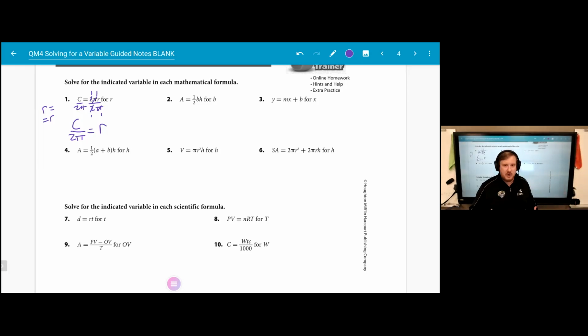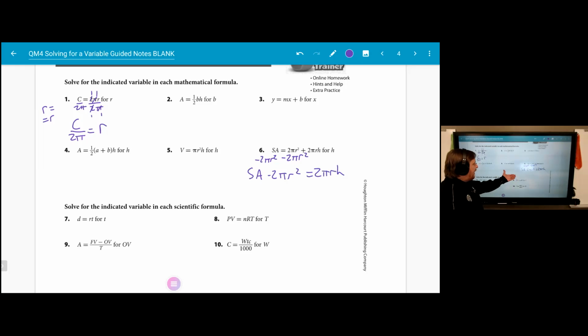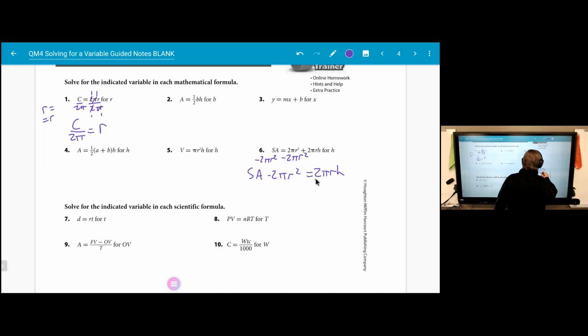In terms of undo steps, I need to first subtract 2 pi r squared from both sides of the equal sign. So this is SA minus 2 pi r squared equals 2 pi r h. What did we say was happening to h? It's being multiplied by 2 pi and r. Divide both sides by 2 pi and r.